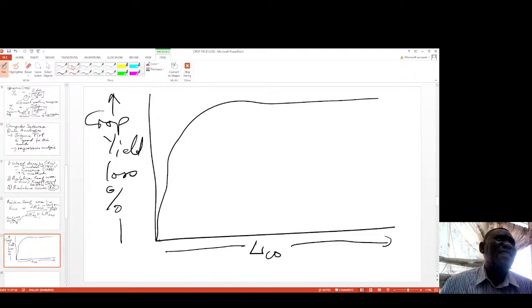Now we could get two parameters from this graph.